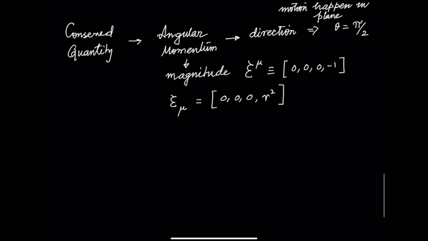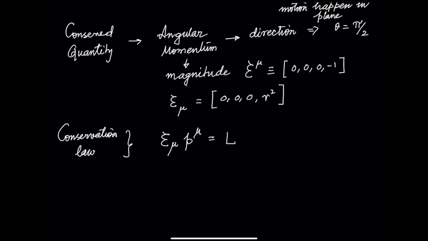And what does the conservation law say? The conservation law, which we learned last time, tells you that epsilon mu p mu is conserved. Let us call this conserved quantity L, which is the angular momentum essentially.